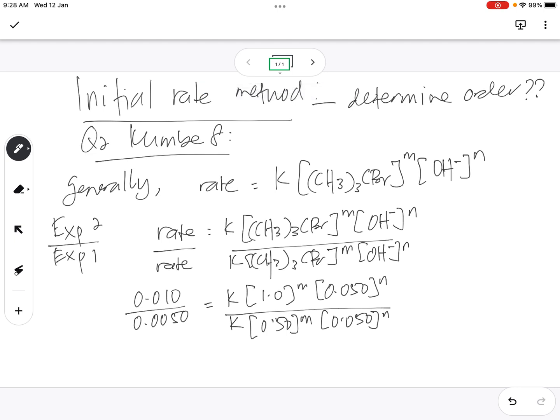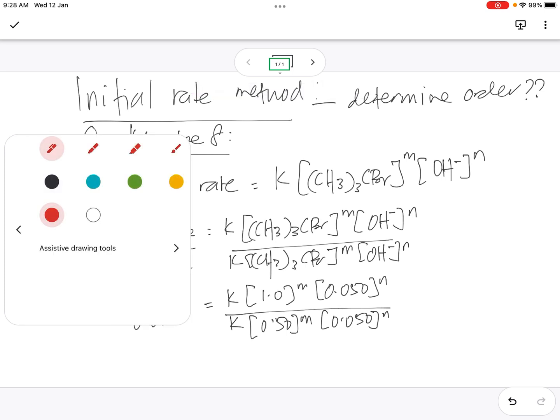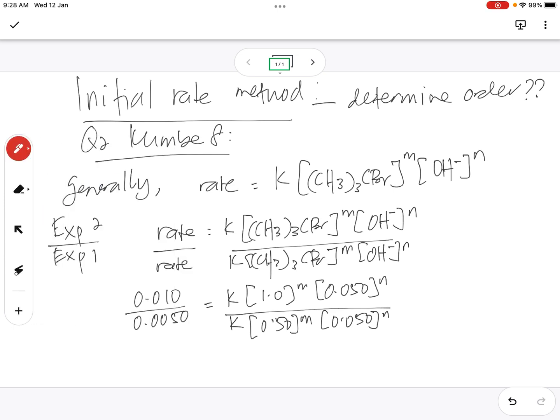The next step is to see which terms we can cancel. k can be cancelled, and 0.05 to the power n can also be cancelled. So two terms remain. Take a calculator and calculate: 0.1 divided by 0.05 gives 2, and 1 divided by 0.5 gives 2 to the power m.